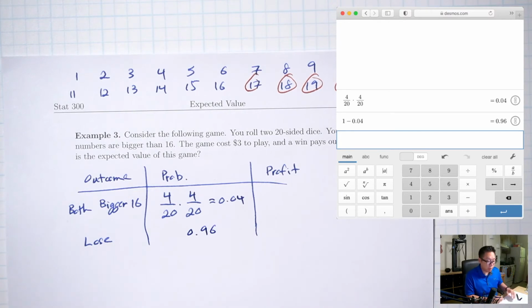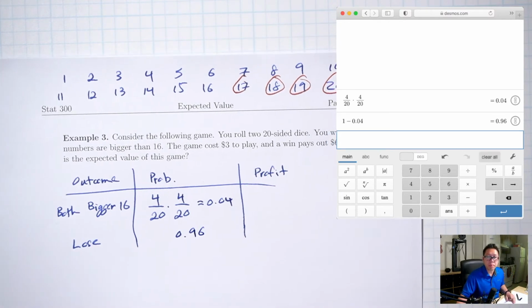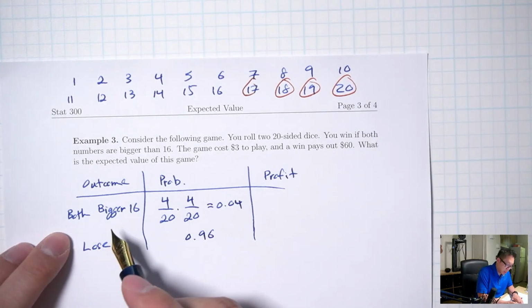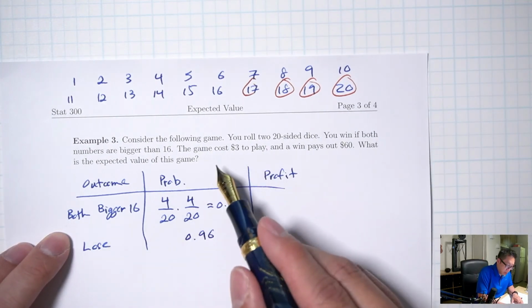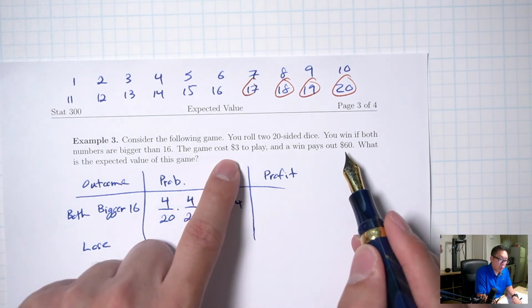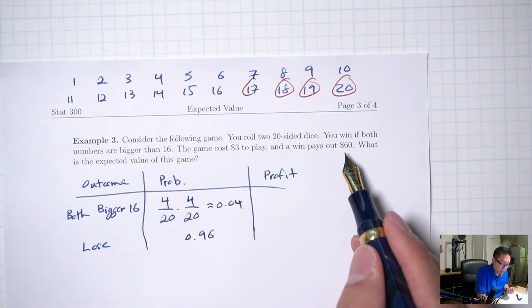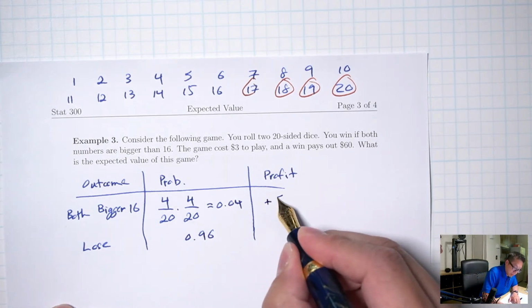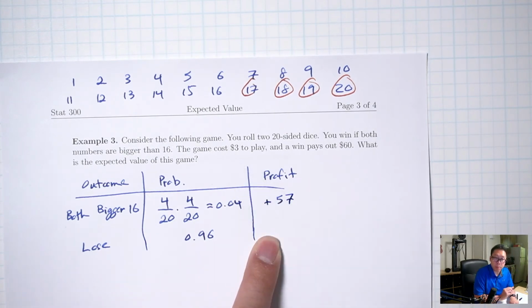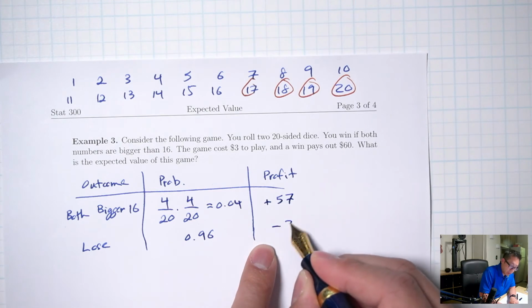And now let's find a profit. If both are bigger than 16, you win $60. But the game costs $3 to play, so you have to subtract that $3 off, which means you're at 57. So profit of 57. If you lose, you just lose the $3 that you paid to play, so negative 3.